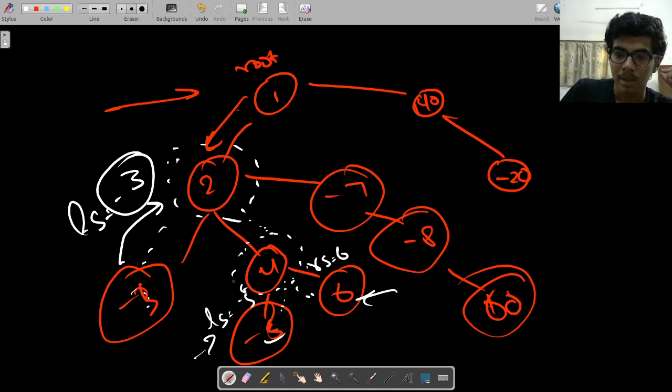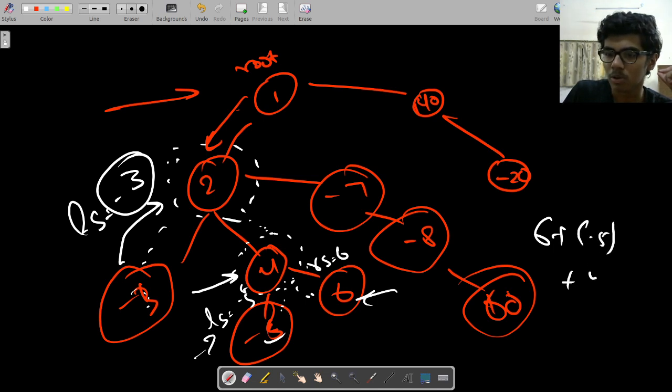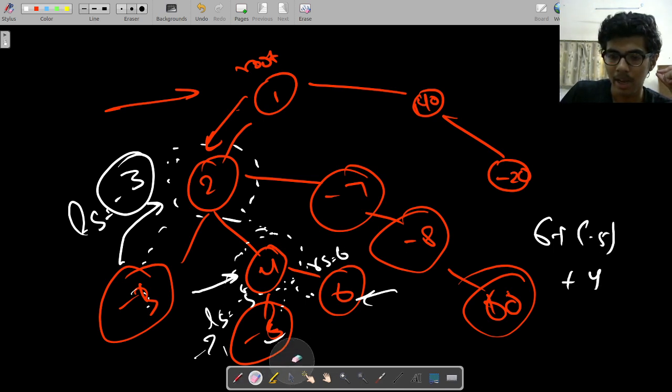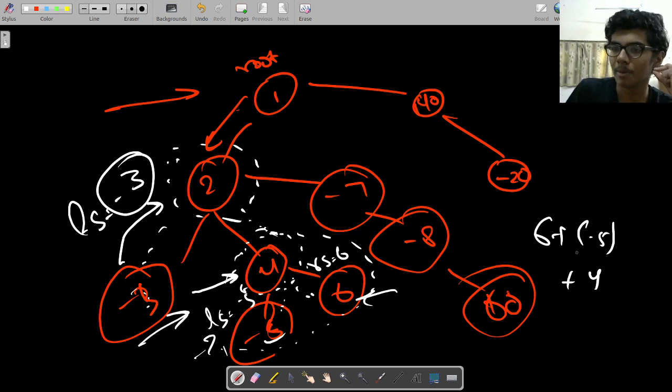I will be getting my answer for this, but I need the maximum answer. So it will be like 6 plus minus 5 plus 4 for all of this subtree, and it is possible that if all other nodes are so negative, I can get this as the answer. So it will be 6 minus 5 plus 4, which is 5.